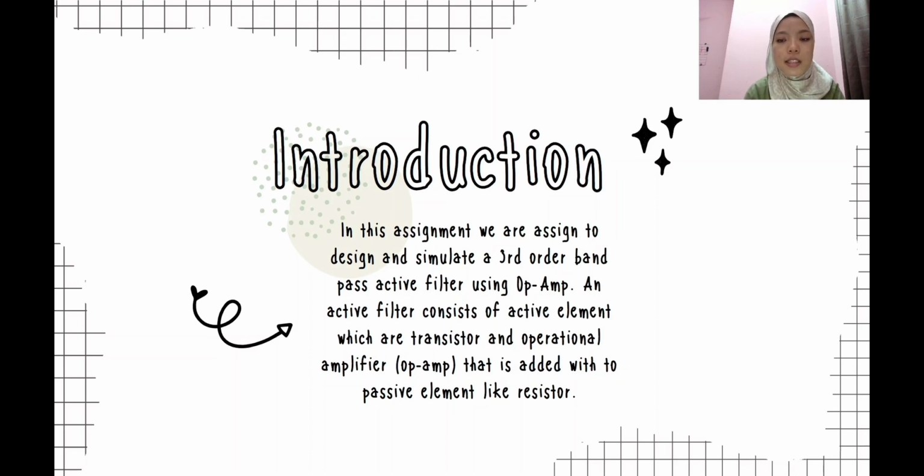It has high selectivity and is widely employed in audio and signal processing applications. A simple active band pass filter can be easily made by cascading a single low pass filter, which is on the right side, with the high pass filter.